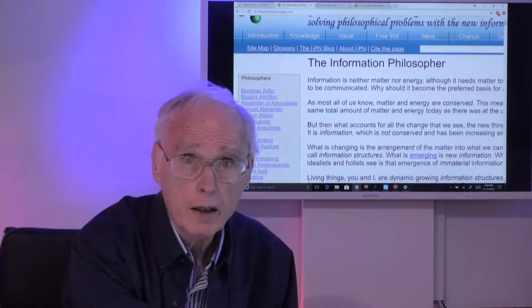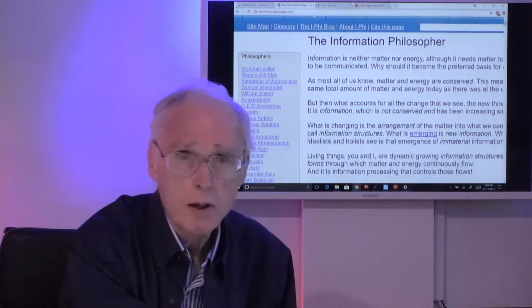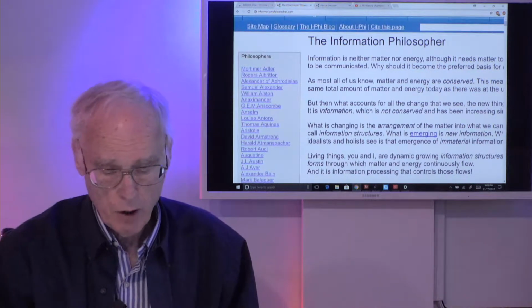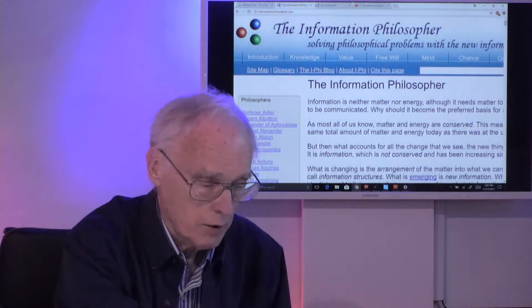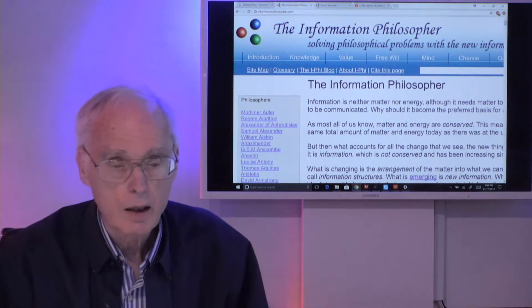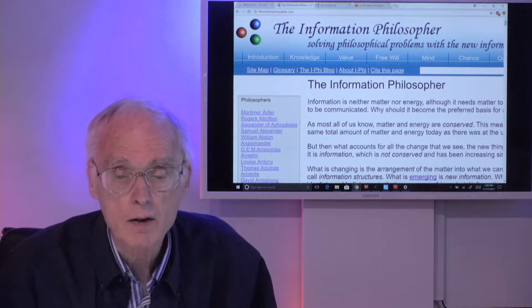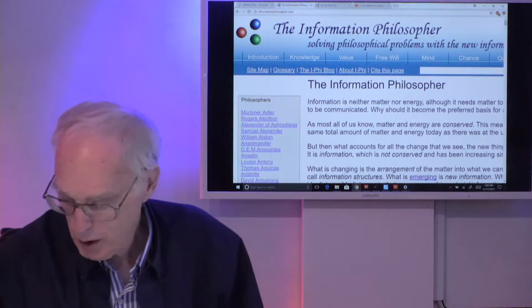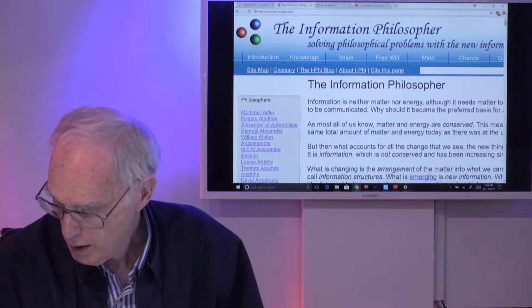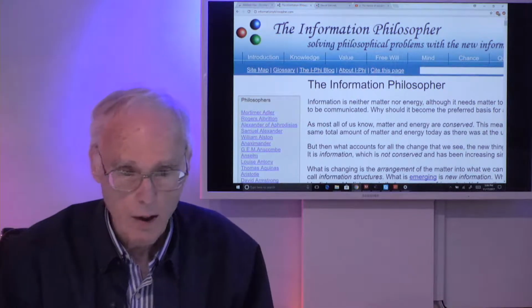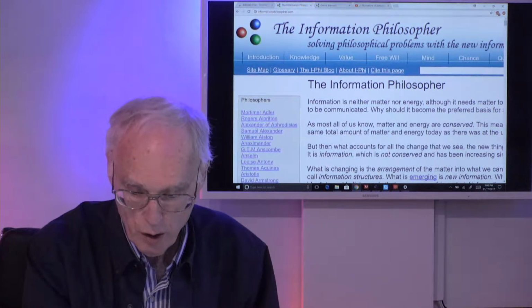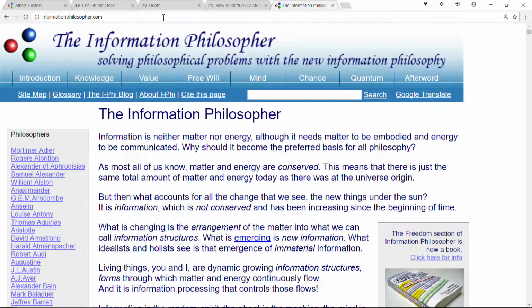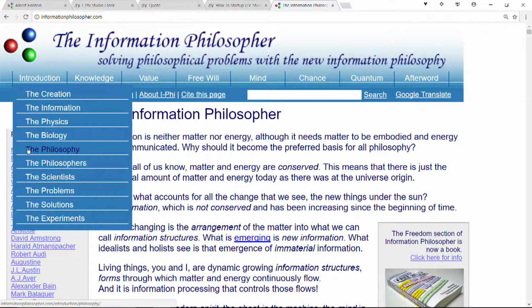So let's go back to this page, and I want to say that the other thing that's on my website, and the best way to see that is to get up another page. I will just quickly put in information philosopher and switch to this screen. When I have this view, I'm able to show you that there are drop-down menus.